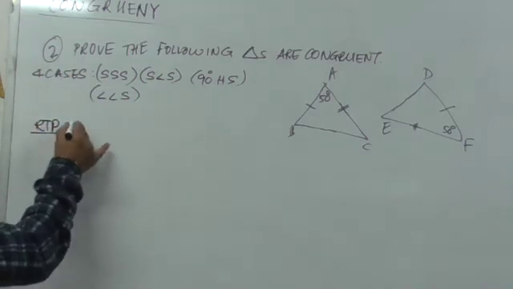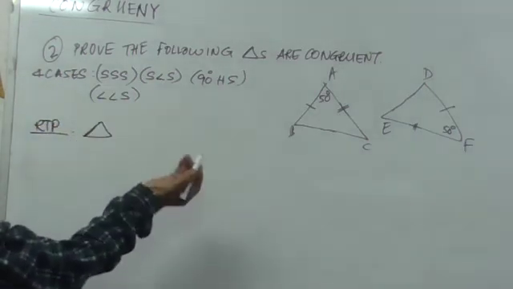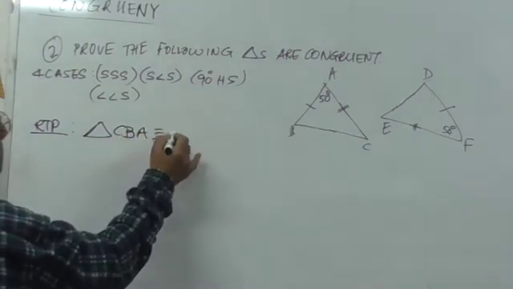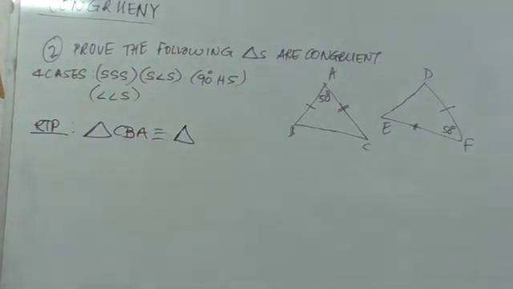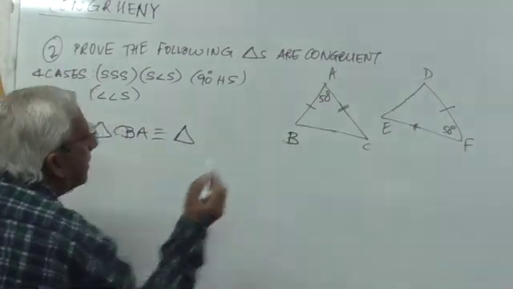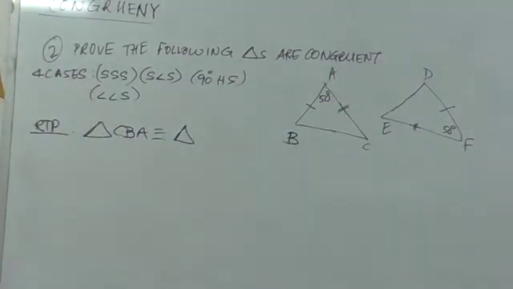Required to prove. Triangle. The first triangle you can label anyhow. Suppose I said CBA is congruent to, and then you stop. When I'm saying CBA, let's write that B properly. When I'm saying CBA, I'm actually traveling like this.